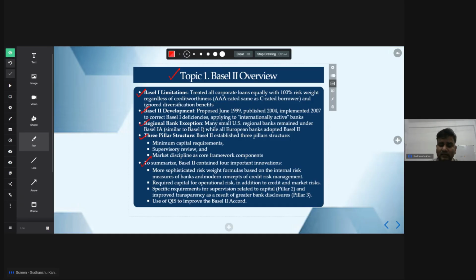We'll study all this ahead, but just have an idea that QIS was part of Basel 2 pillar three, and the specific requirement of supervision was part of pillar two. So that we need to understand.